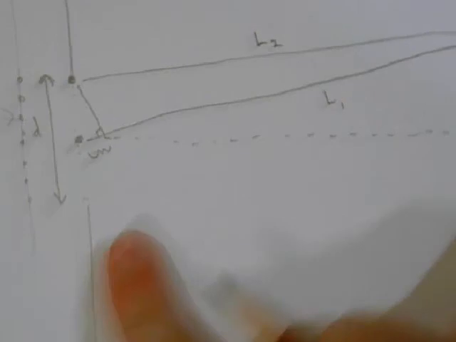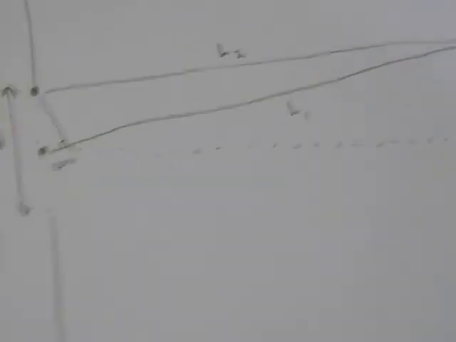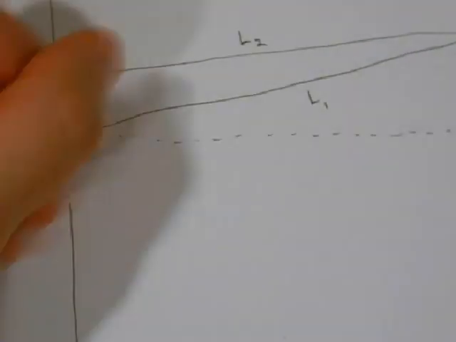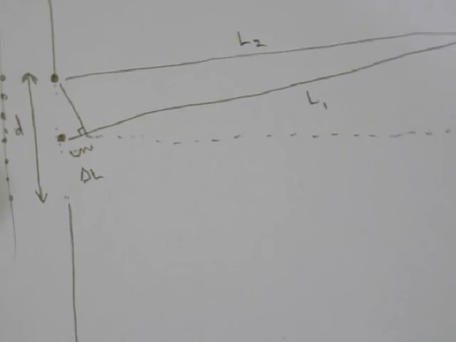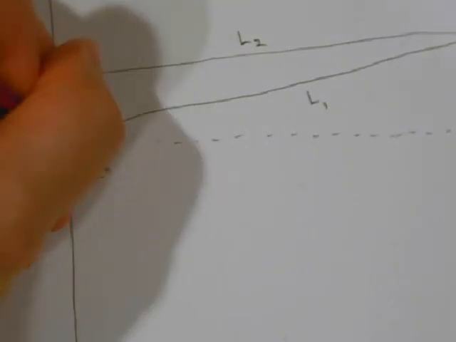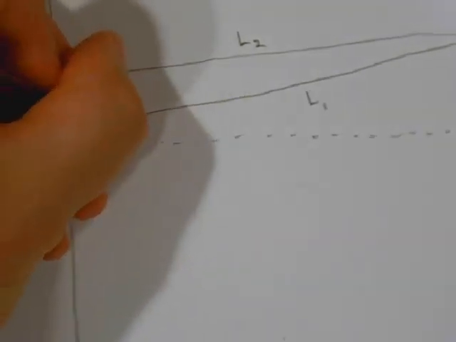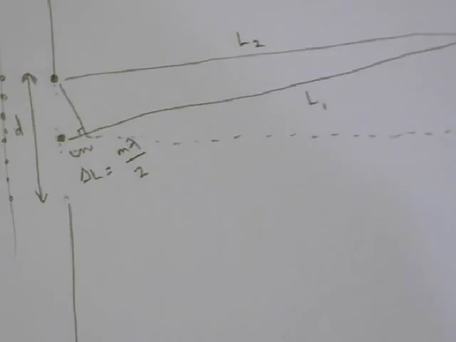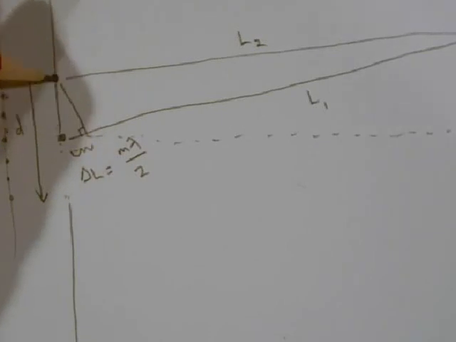So the path difference, where this is a right angle, and again, this is only true as long as this distance here is pretty far, that would be my delta L, which would be L1 minus L2, which we already said has to be equal to this, because I'm starting in phase and ending out of phase.